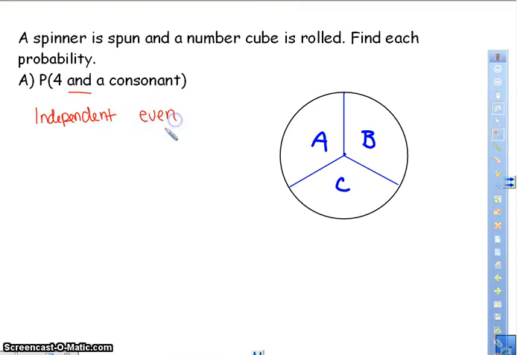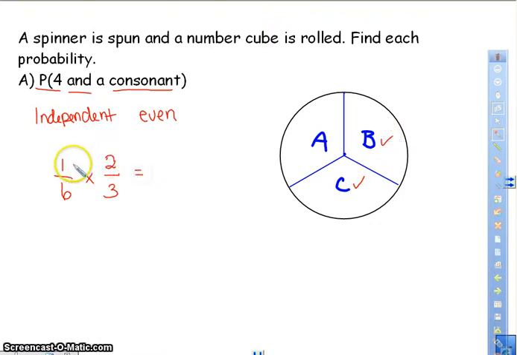To find my independent event, I'm going to find the probability of rolling a 4, which would be 1 out of 6, times the probability of spinning a consonant. Now if you look at my spinner, there are 3 sections, so 3 outcomes, and C and B are my consonants.